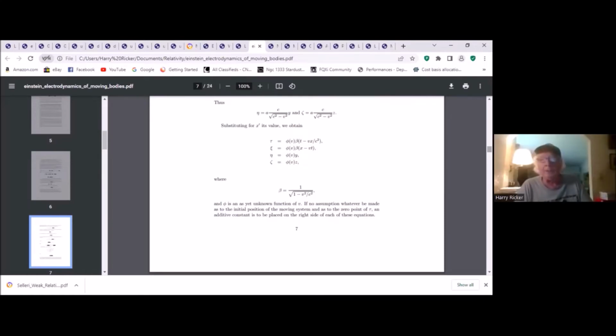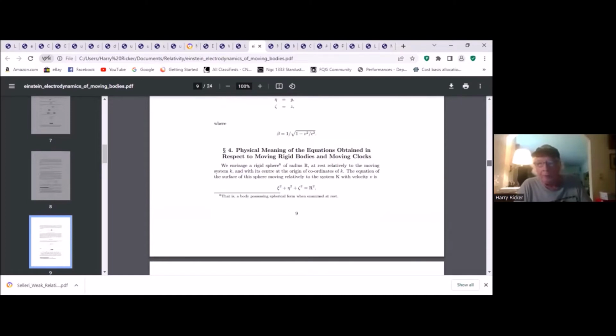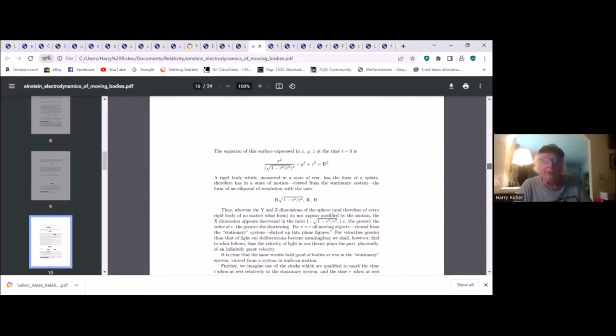And then that's pretty much consistent throughout this paper. If you go down here and we continue on to where he talks about the physical meaning of the equations with respect to the moving rods and clocks. In this particular section he says, oh, and guess what? I get the Lorentz contraction effect.